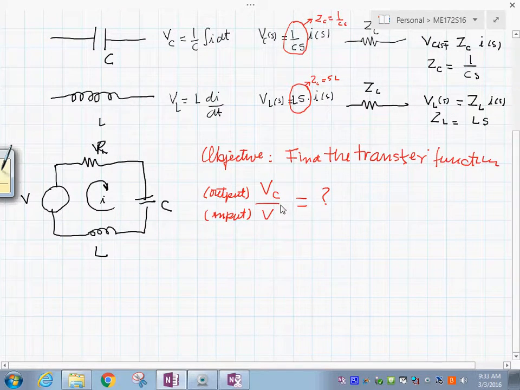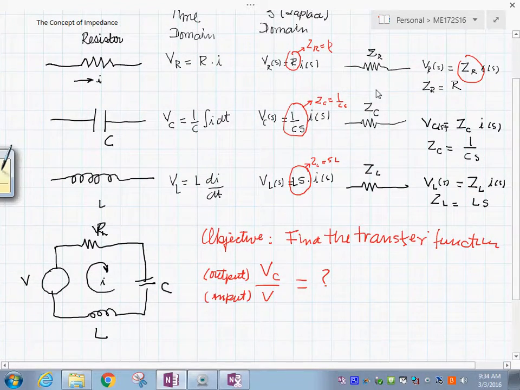This concept of impedance that I just showed you on the right, you can actually use a different symbol to indicate that you are working with impedances. So let me redraw the system here.